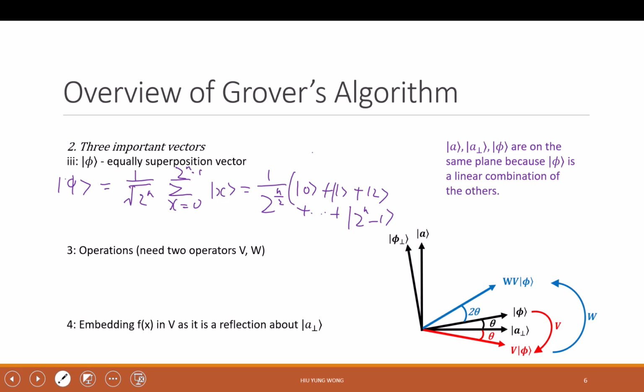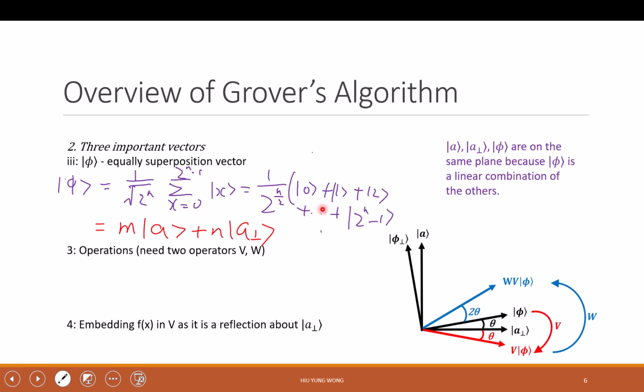Okay, but this one is very important in the sense that you see that it is a linear combination. Let me call the coefficients M and N; you can find out M and N later. Do you see what I mean? It's just a linear combination of A and A perpendicular. Of course, you need to find what M and N are when you plug in.